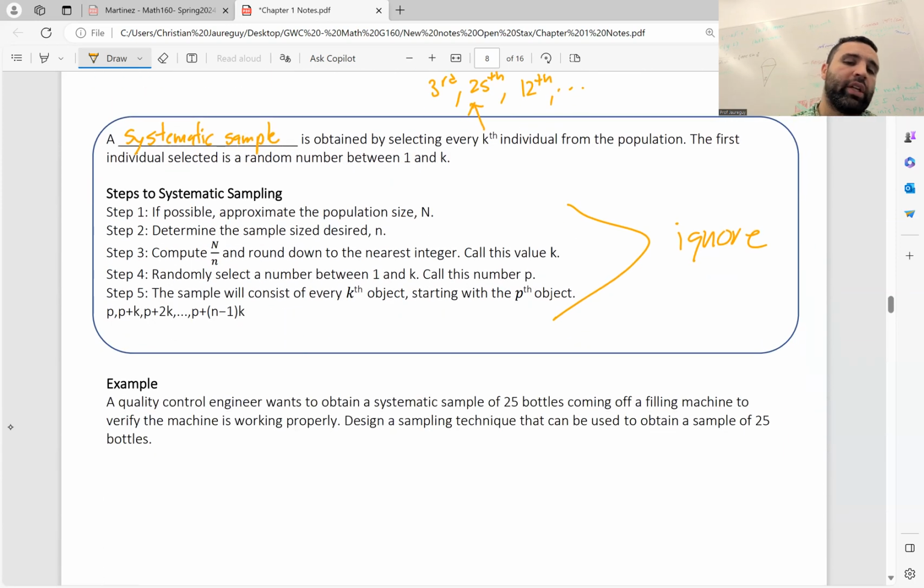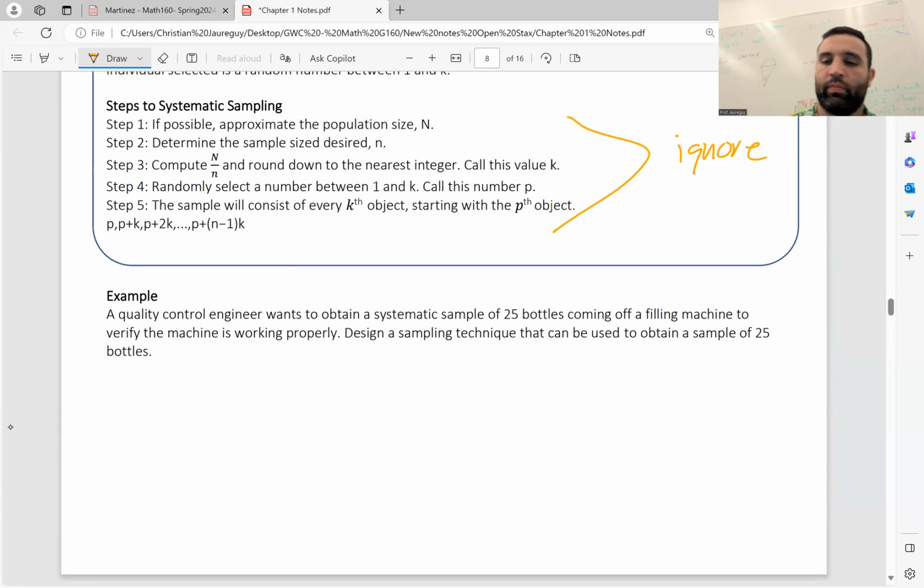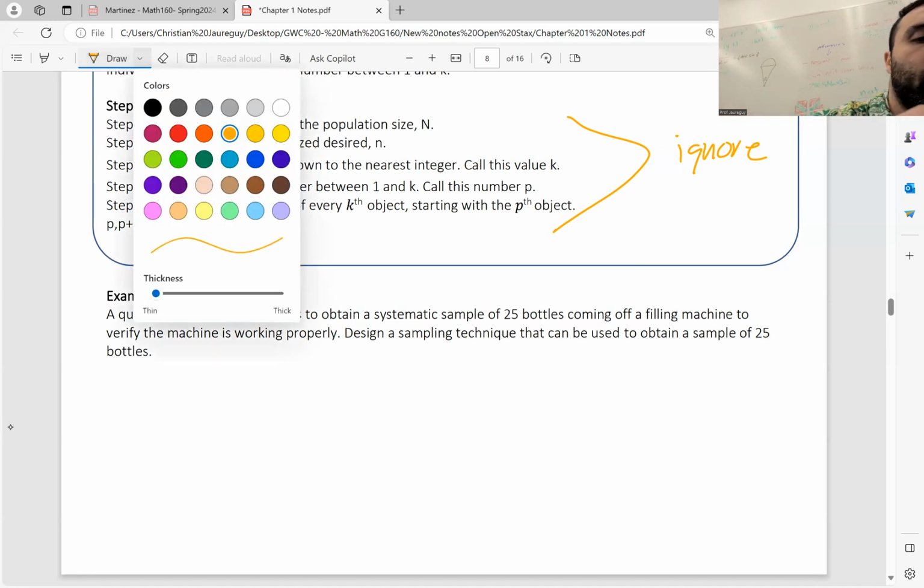An example: a quality control engineer wants to obtain a systematic sample of 25 bottles, and it says, design a sampling technique that can be used to obtain these bottles. So the point here is that systematic sampling is often used in assembly lines, any sort of manufacturing of food or drinks or snacks or microchips or phones or batteries.